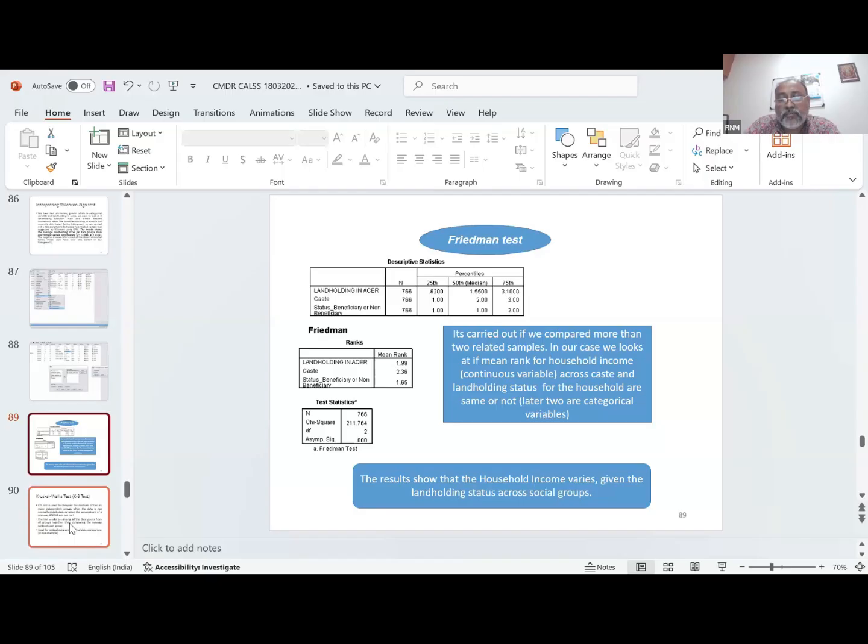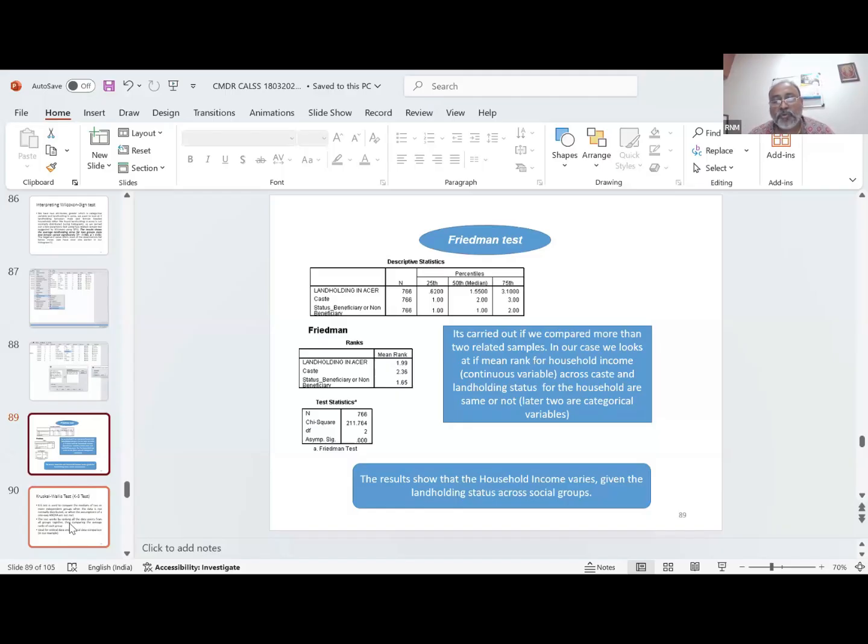The latter two are categorical variables. So the results show that the household income varies given the landholding status across social groups. See, when you add one more attribute. In Friedman ANOVA, you can add many more attributes, but always you have to be rational.